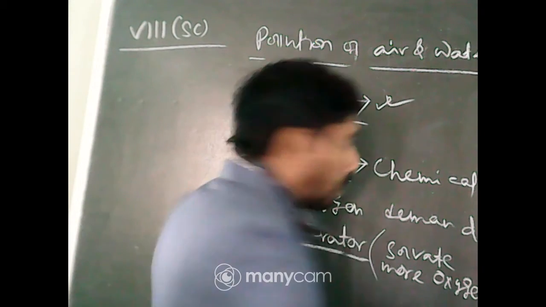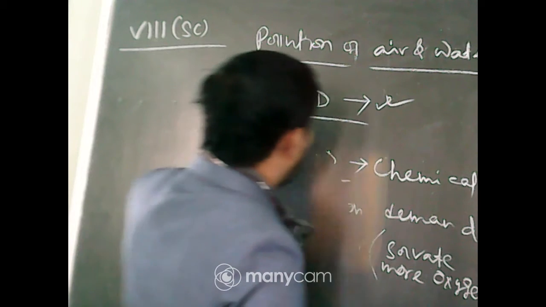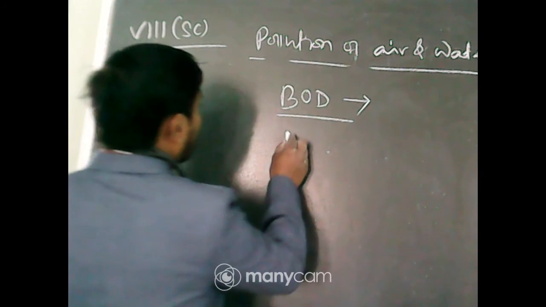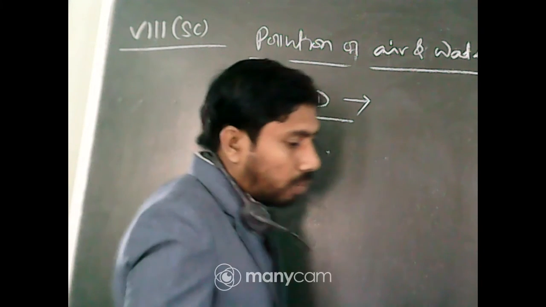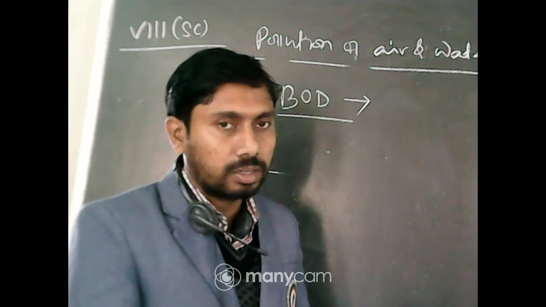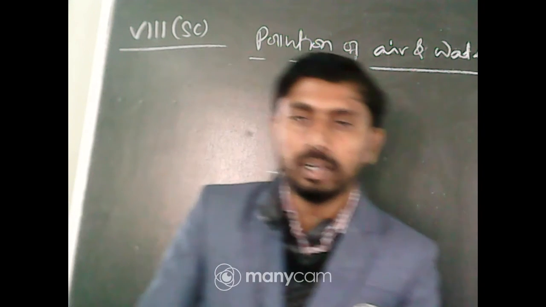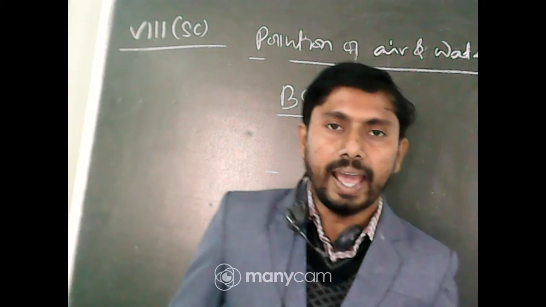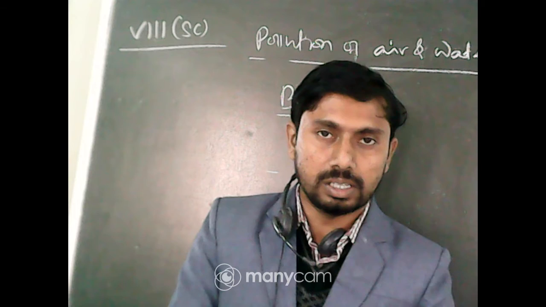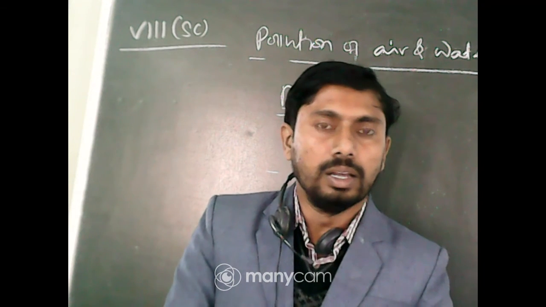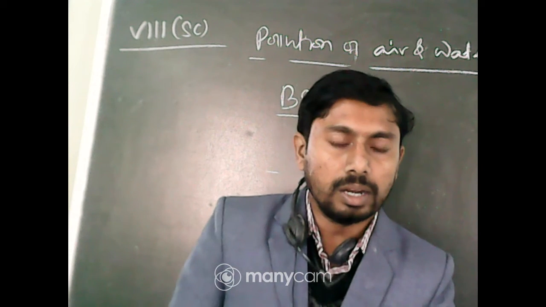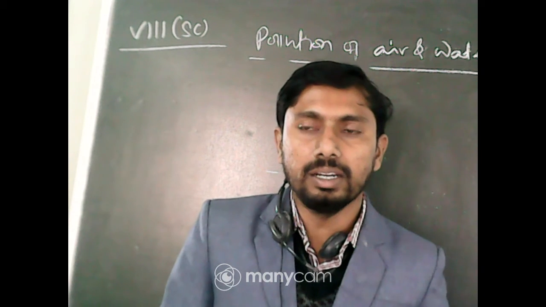BOD, biochemical oxygen demand. Suppose a water body is filled up with nutrients, maybe from the field. Now an algal bloom occurs, algae are produced there, which are green in color. You can see when stagnant water becomes green, that is the algae formed.